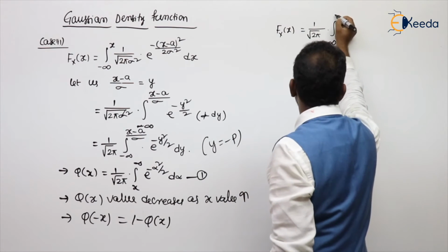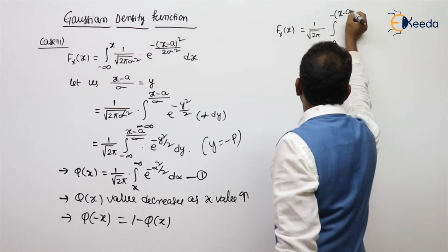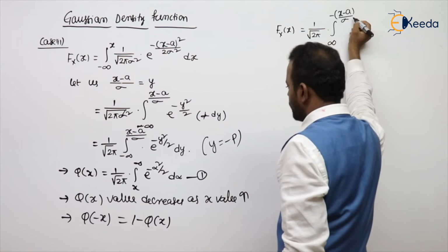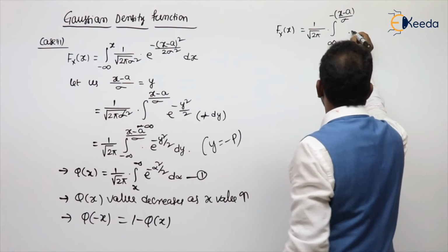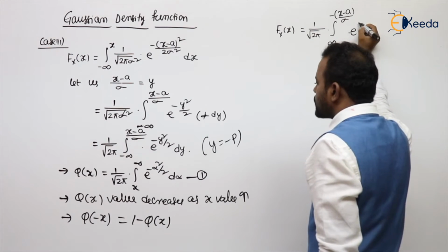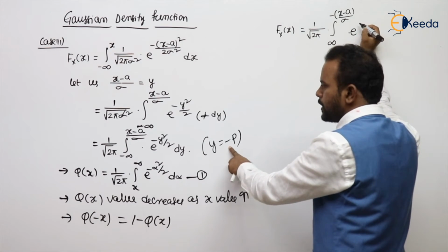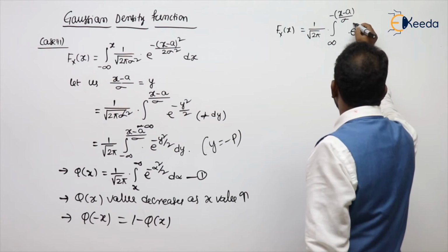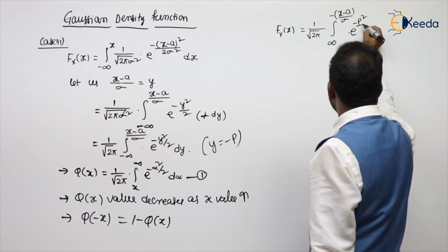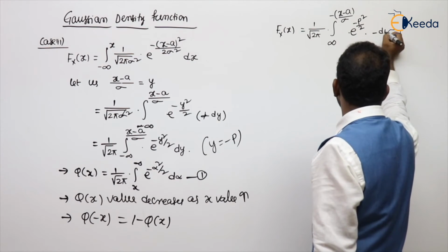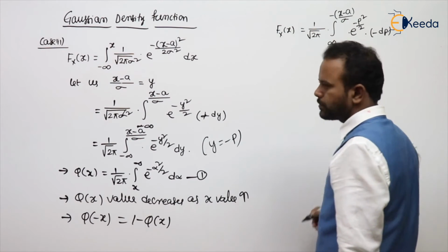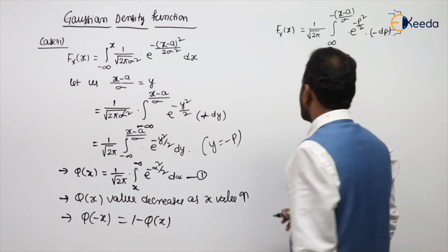What will be the upper limit for p? Minus of (x minus a) by sigma, into e power, replace y with minus p. Minus p square is also p square only. So e power minus p square by 2 into dy. What is dy? Minus dp. Are you getting my point?